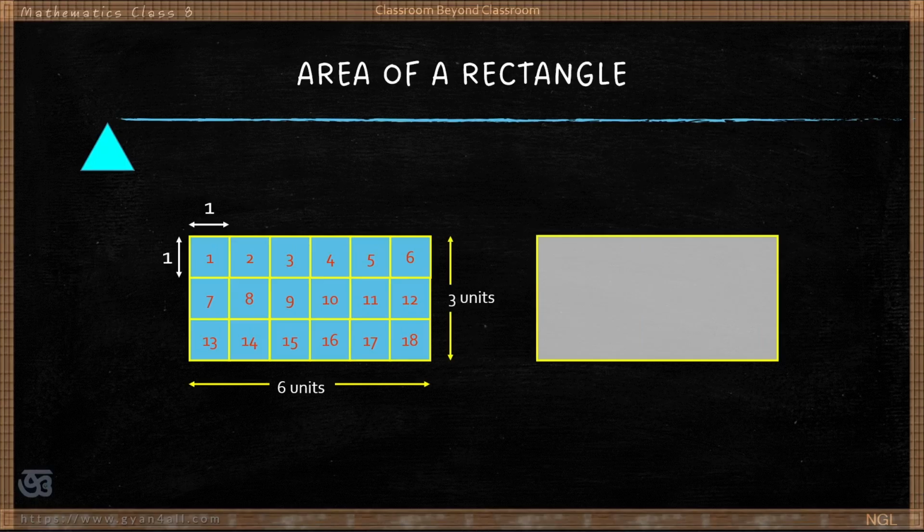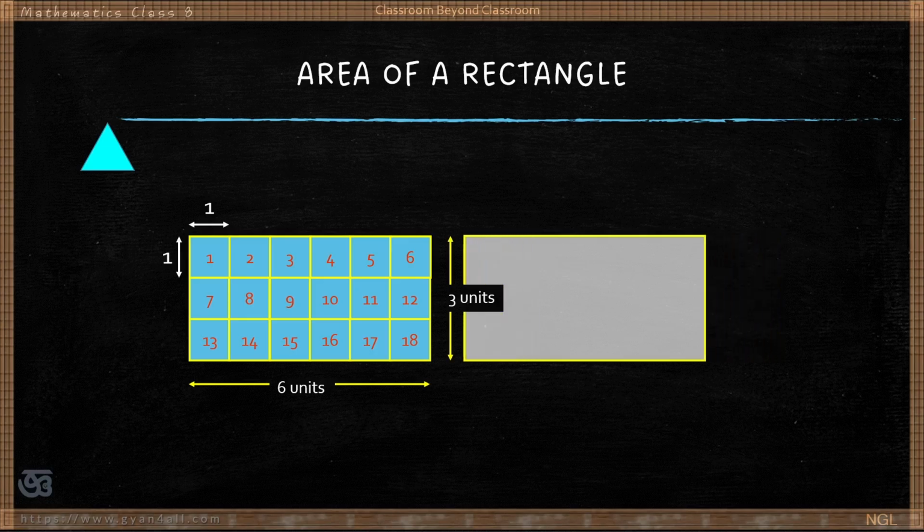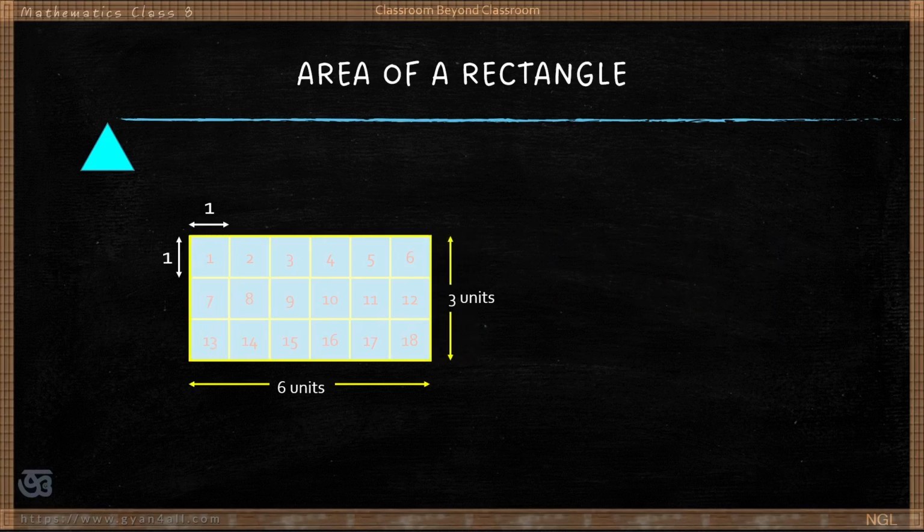Now you see, if this whole space is occupied by this rectangle, now what is the area of this rectangle? Same area, the 18 square units, because area is equal to 6 units multiplied by 3 units.